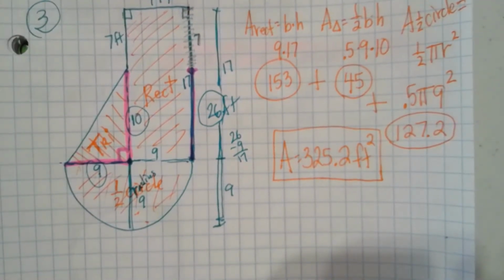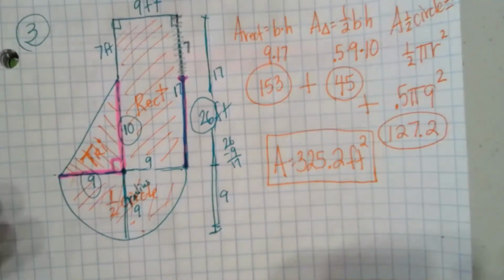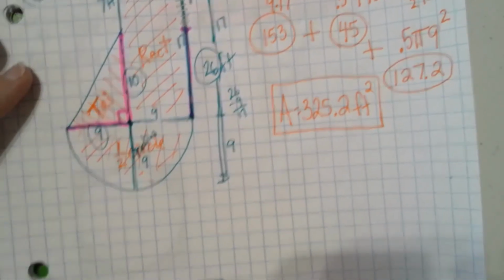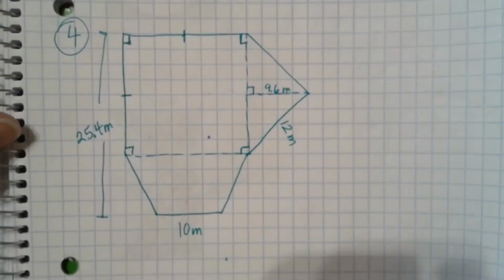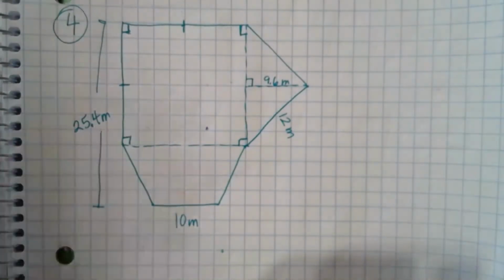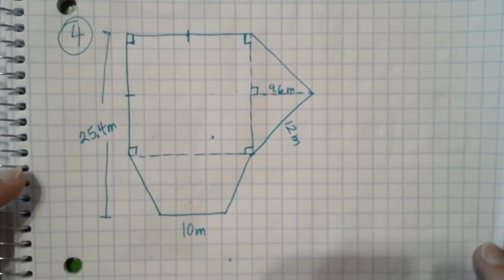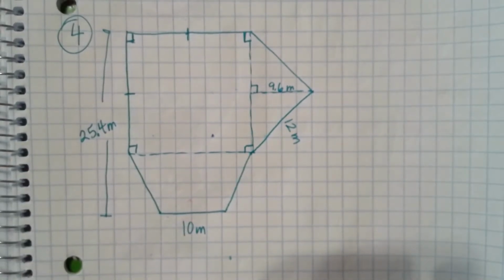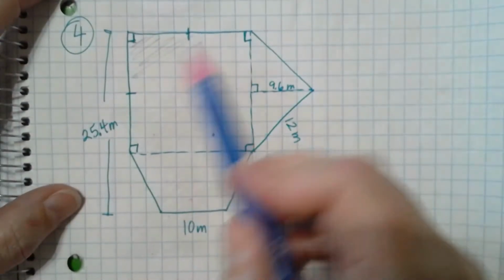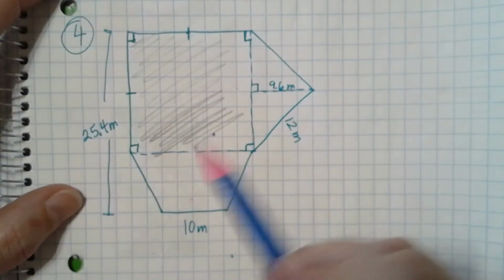Okay, cool. All right, let's try one more just to make sure we're all on the right track. This one's kind of interesting. On this one, we got 3 shapes here. We are going to divide them up. What do we have here in the middle, what shape is this?